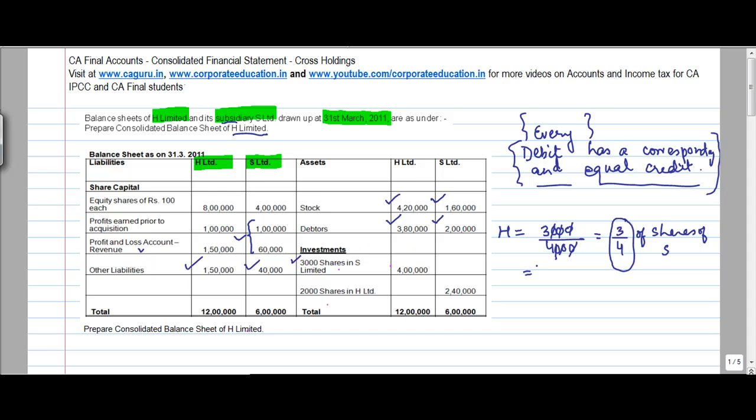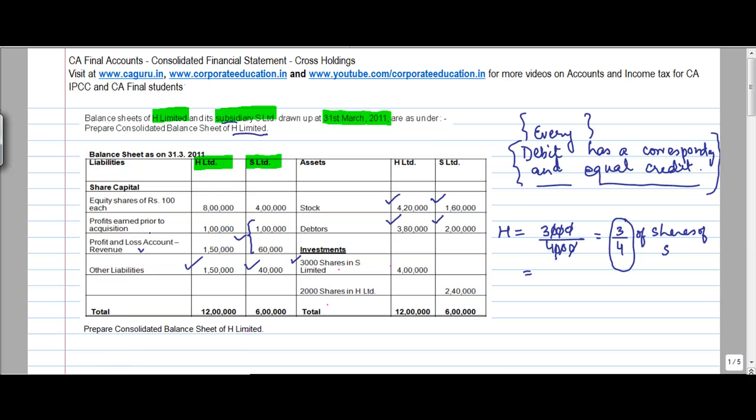So it can be said that profits of H is equal to 1,50,000, which is nothing but its own profit, plus 3/4 of profits of S. Why? Because it owns 3/4 of shares of S. Okay, but what are the profits of S? Do I know the profits of S? Well, let me see. The revenue profits are 60,000.